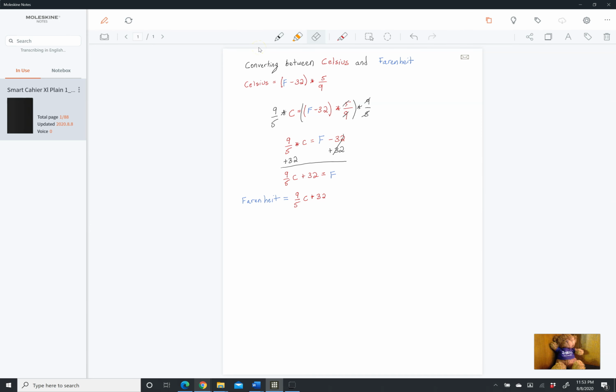Okay, let's do some conversion. So let's start with going from Fahrenheit to Celsius. I'm going to give you a temperature in Fahrenheit, and we will figure out what that temperature is in Celsius.